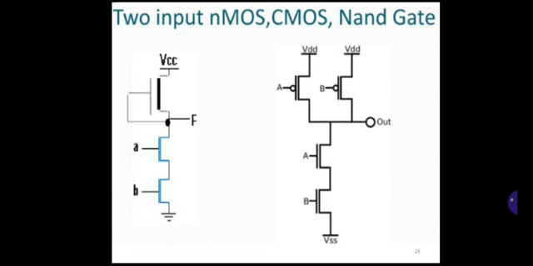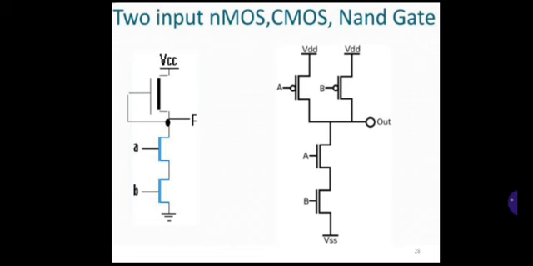Next example, 2 input NMOS and 2 input CMOS NAND gate. The first figure shows the NMOS NAND gate. For a NAND gate, Y is equal to A dot B whole bar. To implement that circuit using NMOS logic, you need to connect the transistors in series.